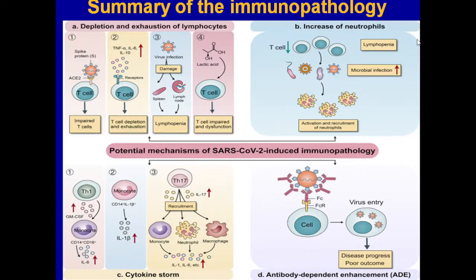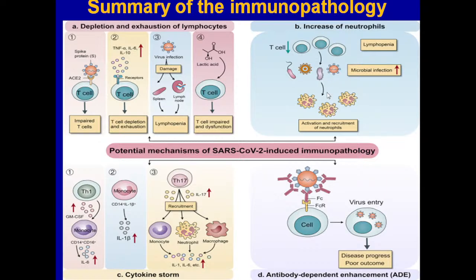Regarding the summary of the immunopathology, depletion and exhaustion of lymphocytes. So the infection of the virus directly impaired the T cells. Then infected lymphocytes undergo depletion and exhaustion. We have as a result lymphopenia, T cell impaired function and dysfunction. And also the increase of the neutrophils.